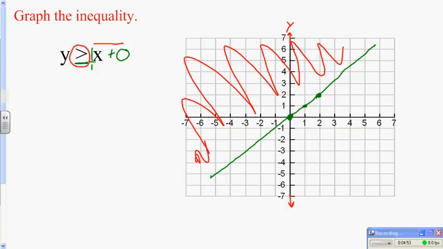But just to verify, let's say I did plug in the point 1, 0. 1, 0 has an x value of 1 and a y value of 0. So 0, x is 1, is 0 greater than or equal to 1? No, that is a false statement, and that is why we are not shading that side.